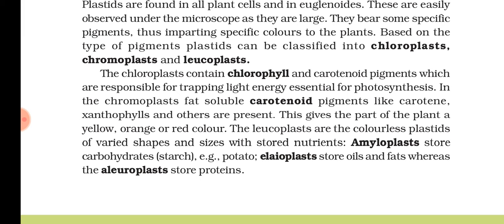Leucoplast. And there are different kinds of leucoplast like amyloplast, which stores carbohydrate or starch. Then elaioplast stores oils and fats, and aleuroplast stores proteins. So on the basis of the different types of nutrients they store, the leucoplasts are of different types.